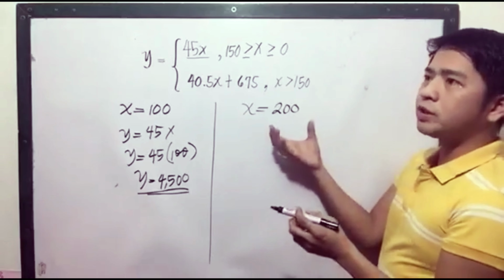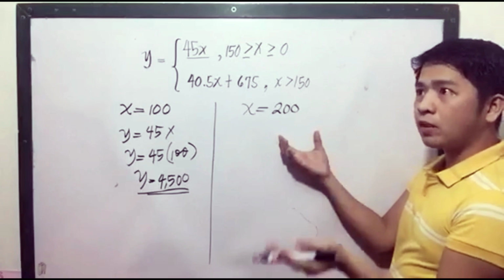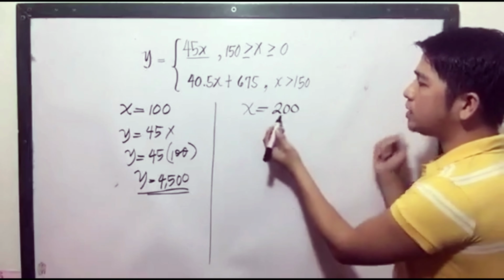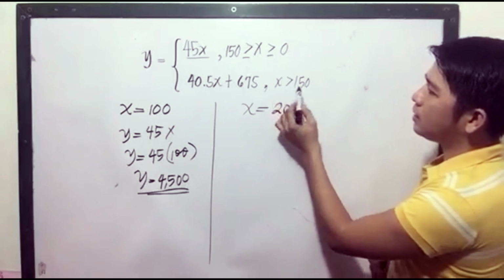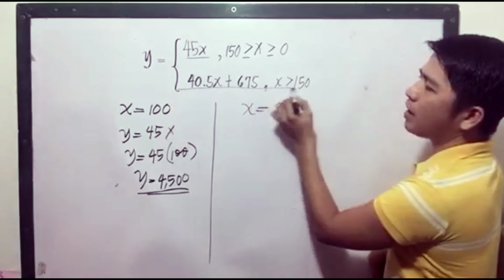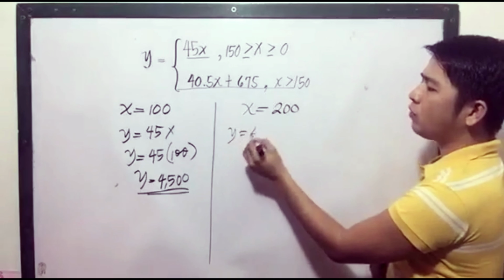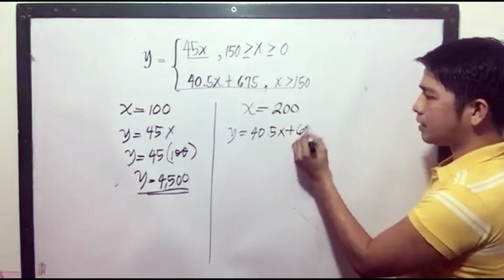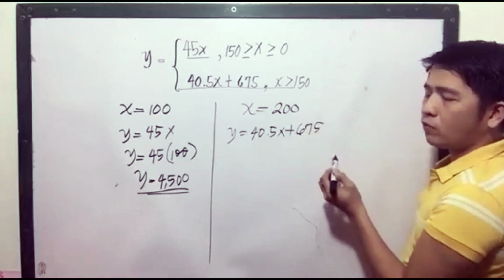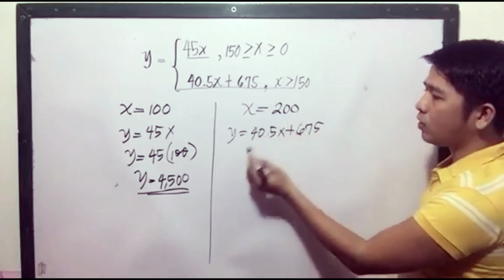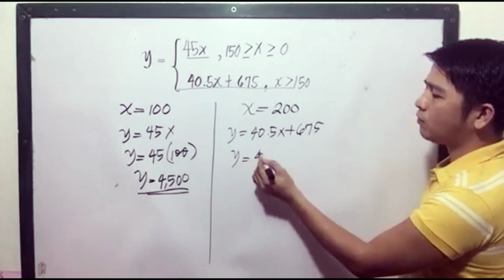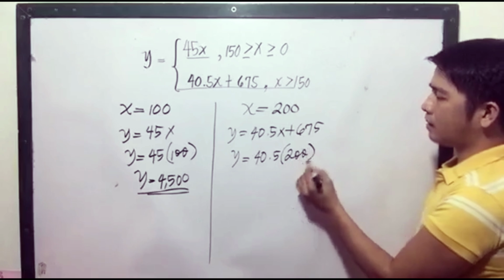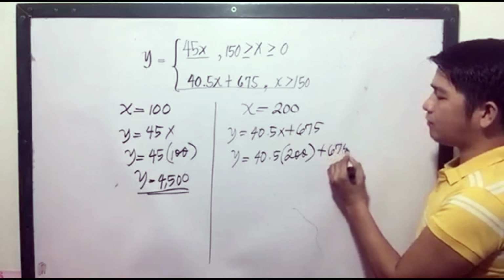Now, we will check if the answer in number 4 is correct, or if this formula is also correct. When x is 200, we will use the second function, which is y is equal to 40.5x plus 675. We substitute the value of x to the formula. We have y equals 40.5 times 200 plus 675.